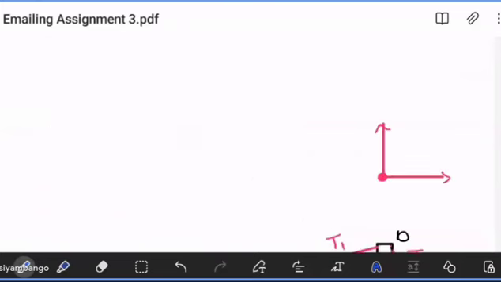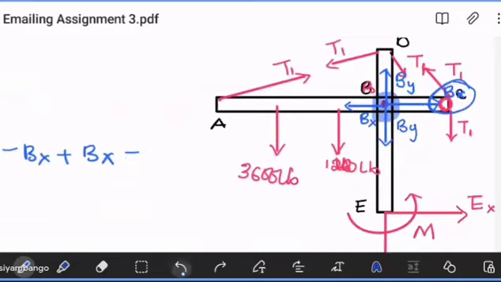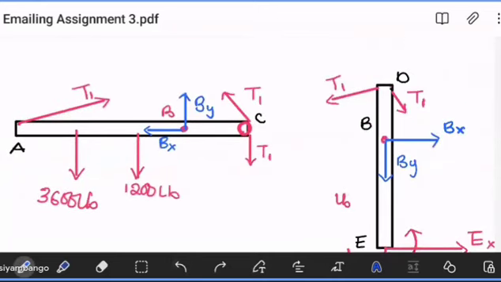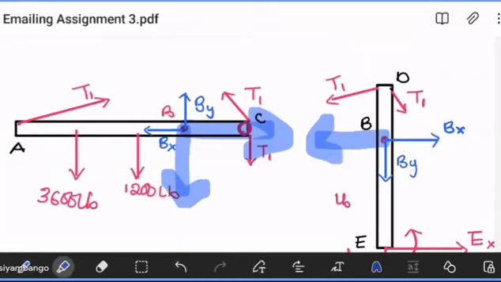So based on that, when we dismember these two structures, or these two members, this is how they are going to appear. Again, the selection here is up to you. I could have chosen By to go down and Bx to go like this, meaning that here I'd have been forced to do this and do that.